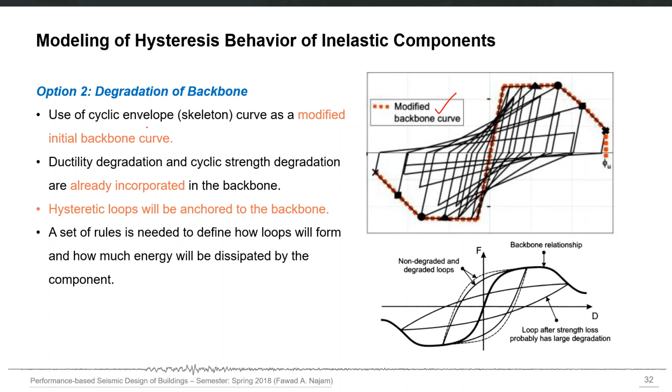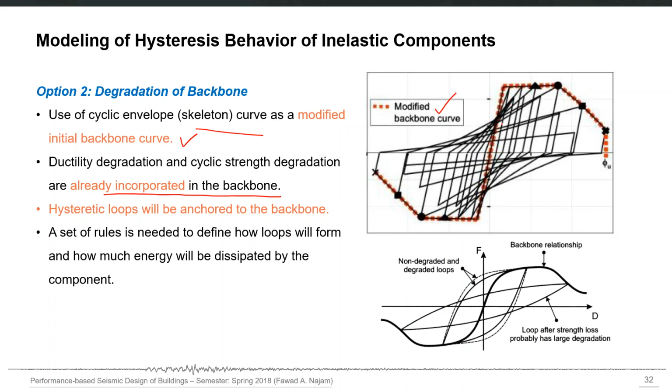So you use a cyclic envelope or skeleton curve as a modified initial backbone curve. The ductility degradation and cyclic strength degradation, whatever the cyclic phenomena, are already incorporated in the modified backbone. Hysteretic loops will be anchored to the backbone. So whenever there is unloading and reloading, it will hit the modified backbone and then unload.